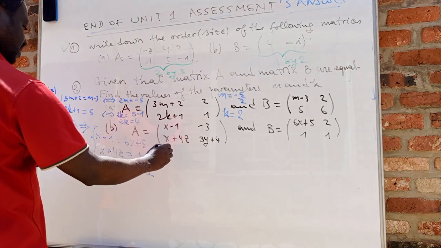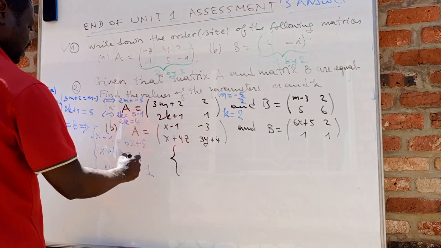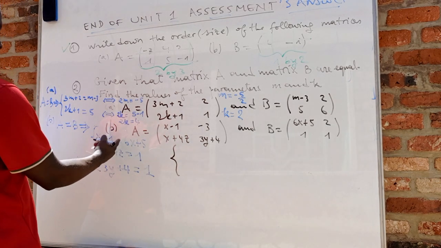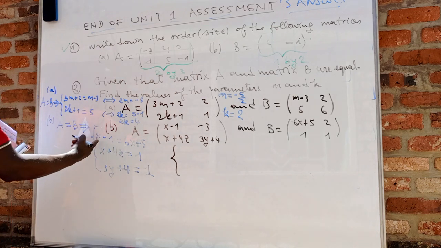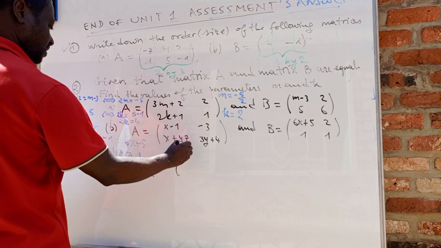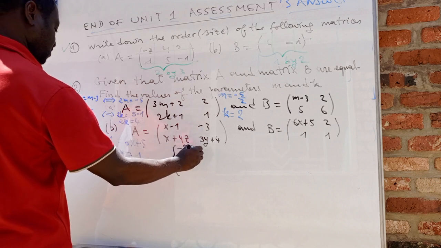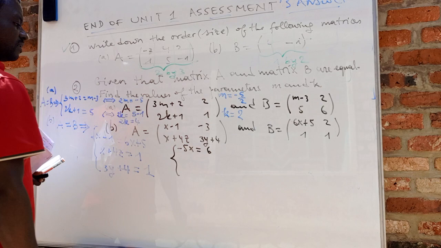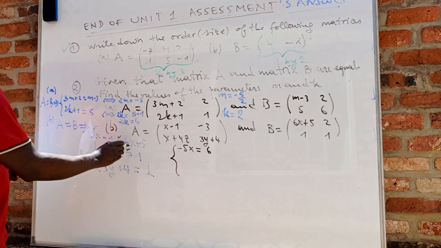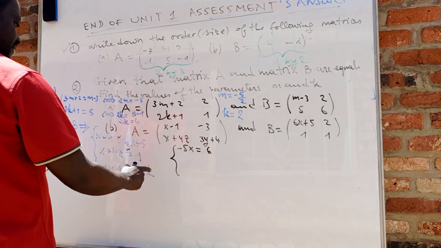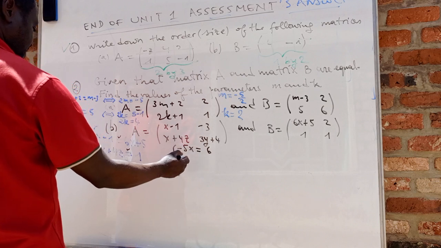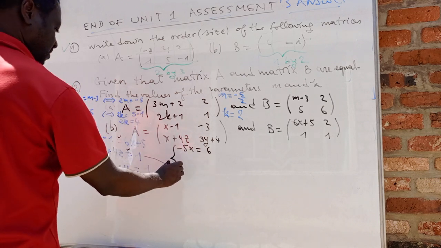So this is the same as, we can group similar terms in order to get -5x is equal to 6 from the first equation here. From the second equation, we have the value of z. Okay, let me just use this one in the first one.